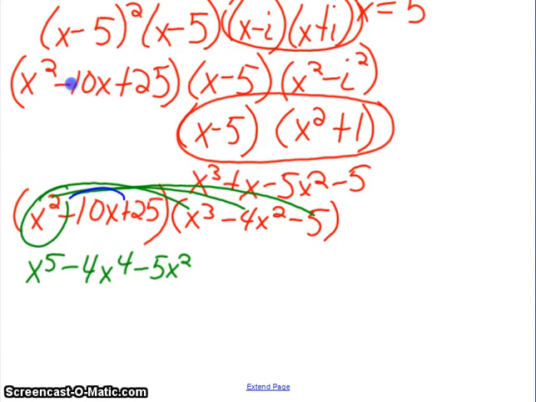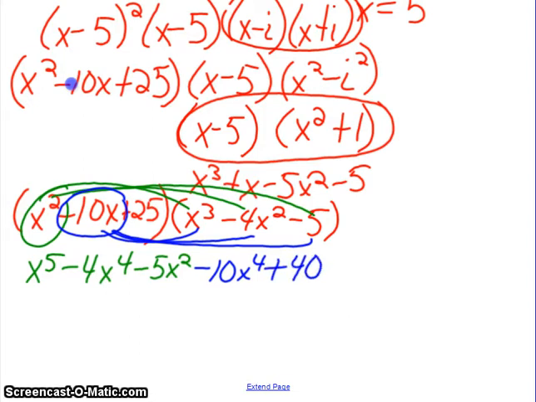Now negative 10x multiplied by each of those terms. Negative 10x times x to the third is negative 10x to the fourth. Negative 10x times negative 4x squared has got to be positive 40x to the third. Negative 10x times negative 5 is positive 50x.